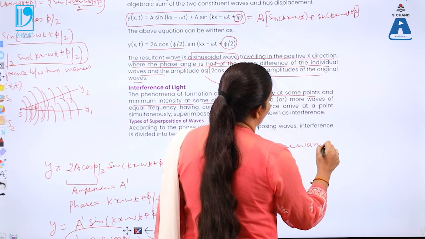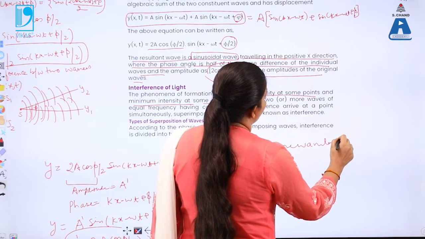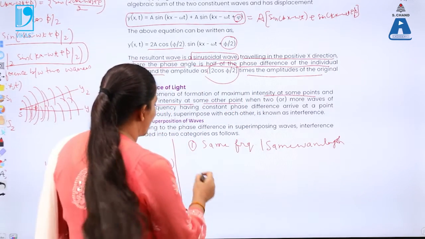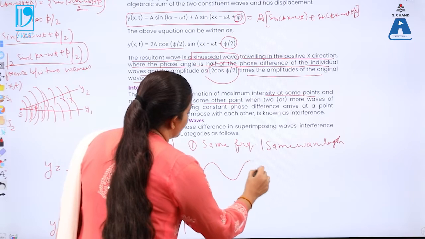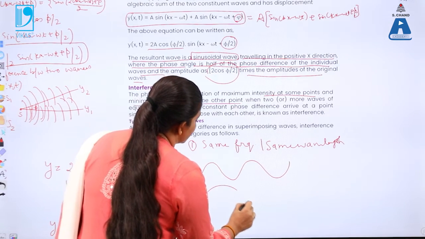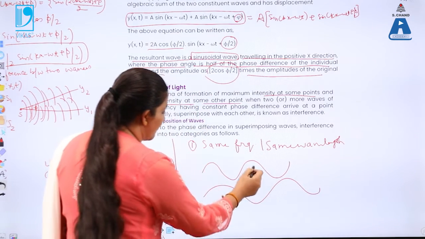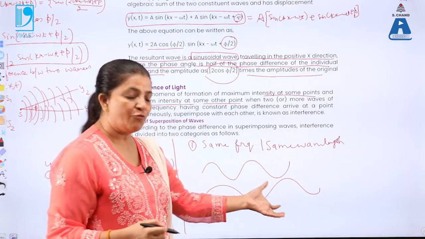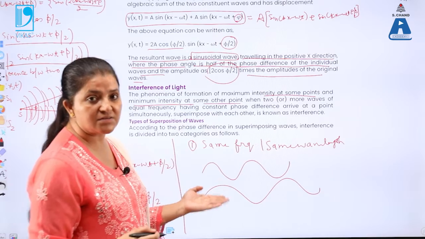Let us suppose they have different wavelengths. If this is one wave and that is a second wave, we can never add up these two because they have different wavelengths. We are not able to get their resultant.